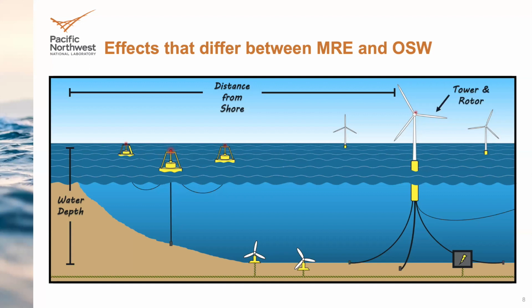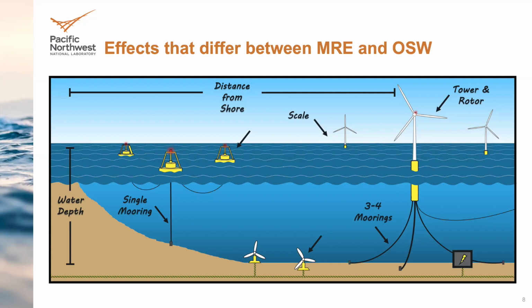The most obvious difference with offshore wind is we have a tower, a rotor, and blades. And then the scale is very different. Most of these MRE devices, even at the large commercial scale, are expected to top out at about 1 megawatt plate. And offshore wind turbines at the moment are running 6, 8, 10, and larger megawatts per tower.